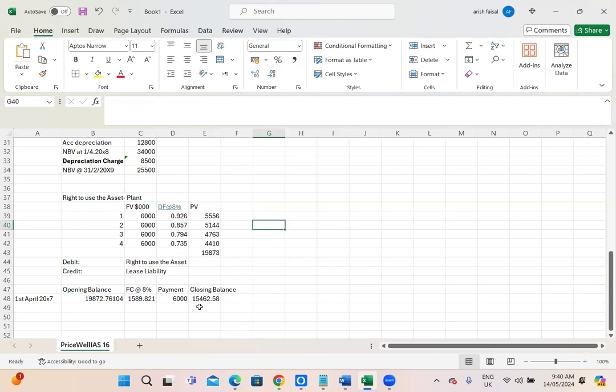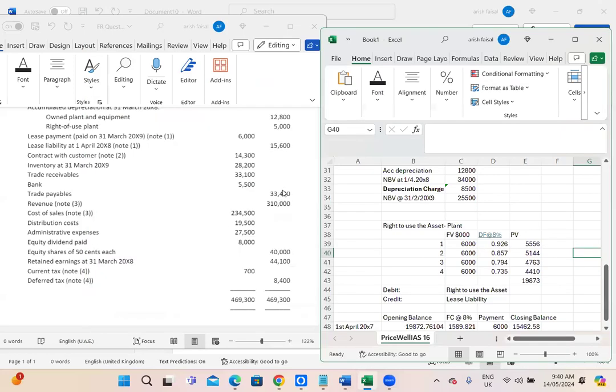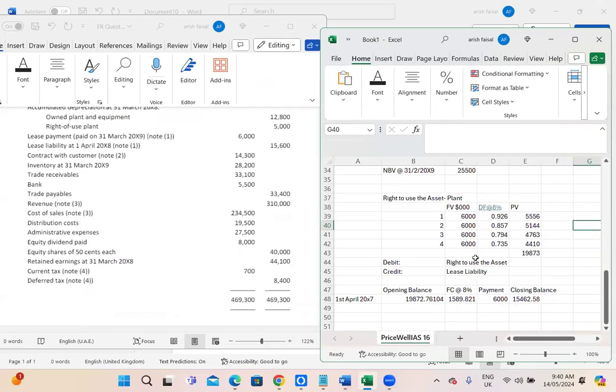So this closing balance is 15462 as per the actual calculation, but they have given you around 15,600. So it's just a round up difference over there. In the case of the exam, obviously I would ask you to take that 15,600 as the opening balance. However, my point was to make you understand how you are supposed to verify all these workings.